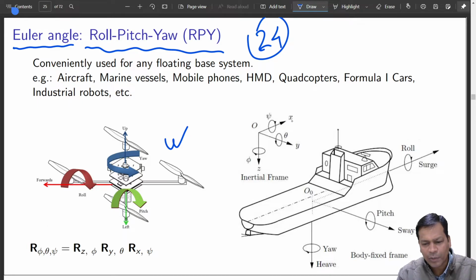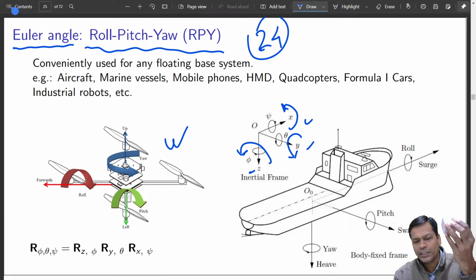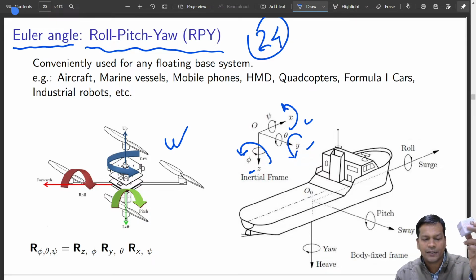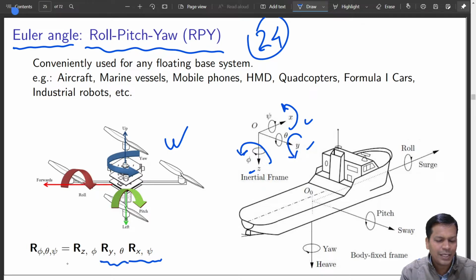So we can rotate about x axis by a certain angle, rotate about y axis by a certain angle, and z axis by a certain angle, and whatever is the rotation finally, the orientation can be expressed as that. So this is rotation about x axis by an angle, y axis and z axis.